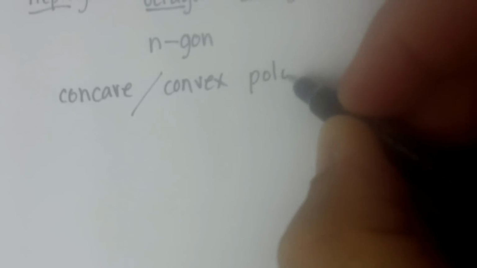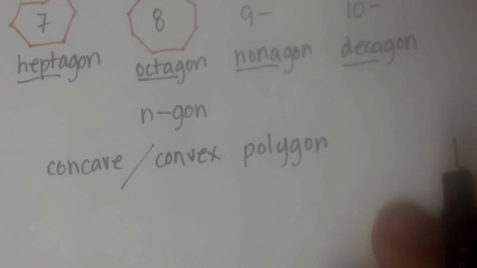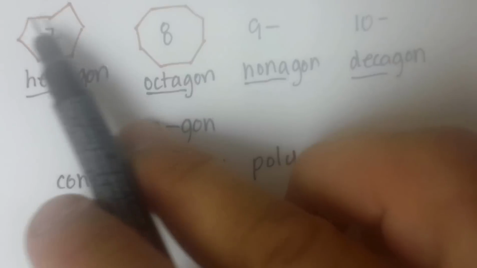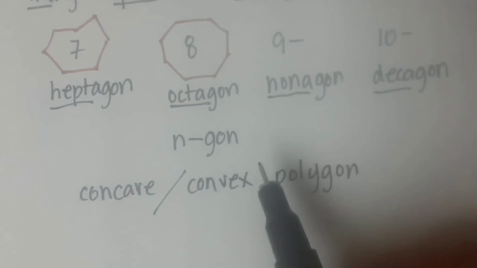So the two important features that I really want to talk about are something called concave and convex polygons. Now, what does that mean? Remember back up here when I did this heptagon, I had an indentation here.